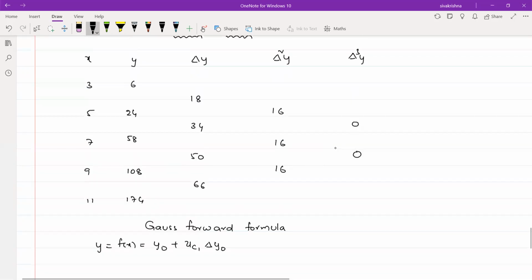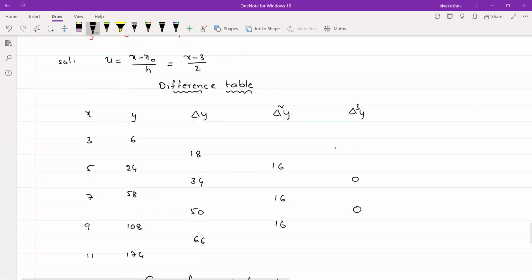Coming to the table, we suppose that x naught is 3, so this is x naught. Whenever this is x naught, the corresponding y value should be y naught. And the corresponding first value in the first difference should be delta y naught. The first value in the second difference should be delta square y naught. And similarly, the first value in the third difference should be delta cube y naught.